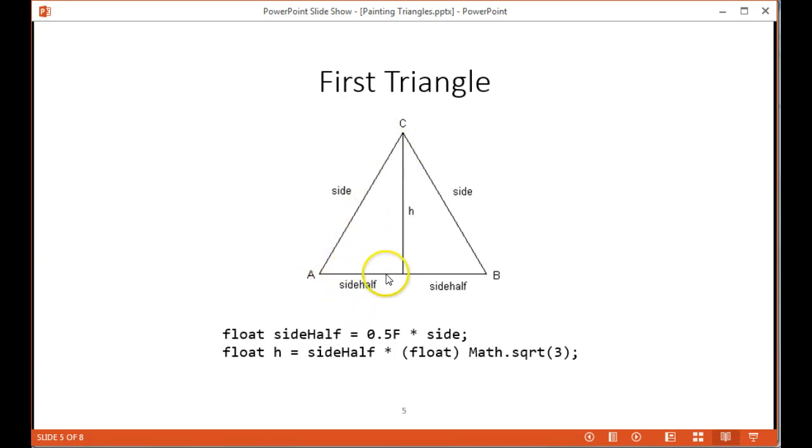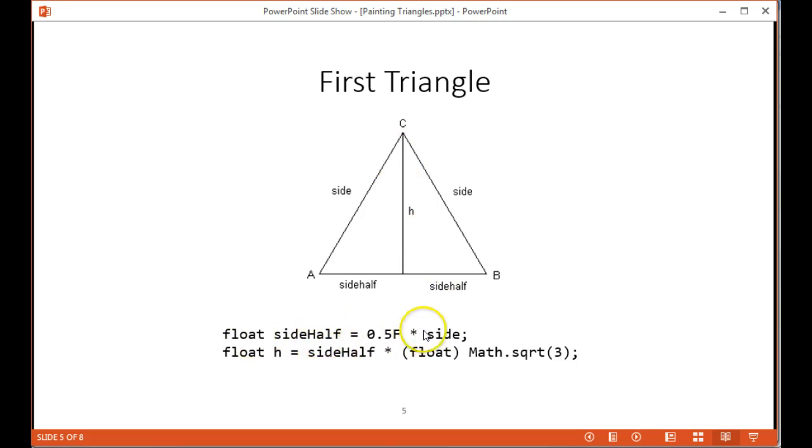And also, the length of this is half the length of that. So if this has a length 1 and this has a length 2, then h is going to have a length square root of 3, right? So whatever this length is, if we multiply it by the square root of 3, we get the height. So that's what's going on here.